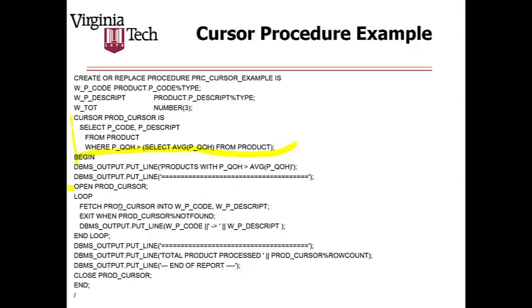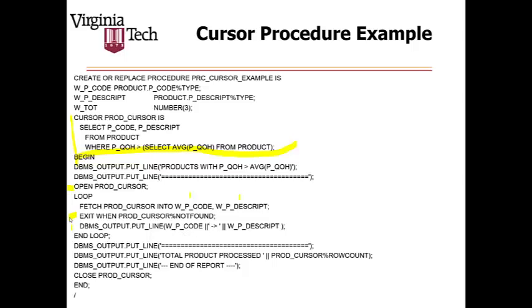And then we loop through it and fetch the next row in the cursor and then process it. In this case, our processing is only to display it, but that's what the fetch does. It brings the values from the result set from the DBMS into our variables inside our program, and then in this case, we just print them out.